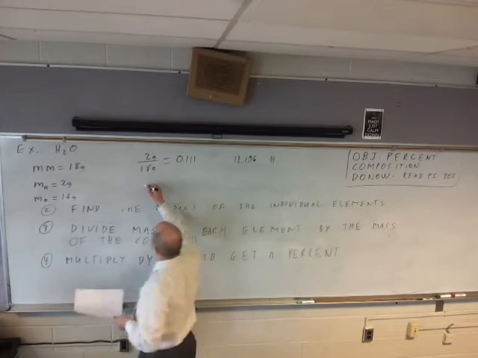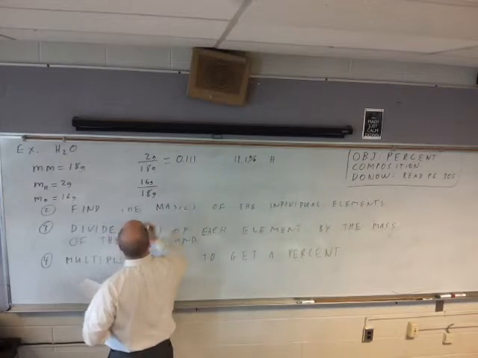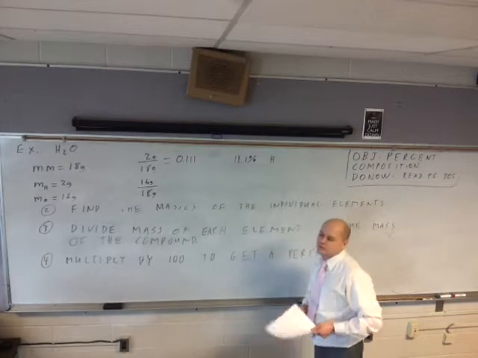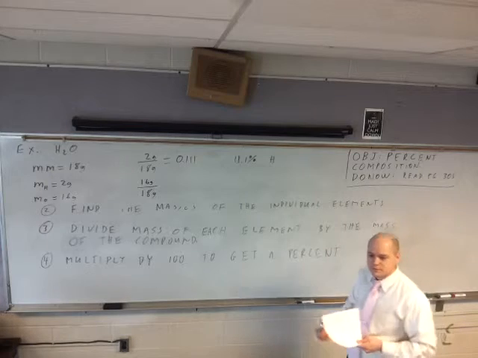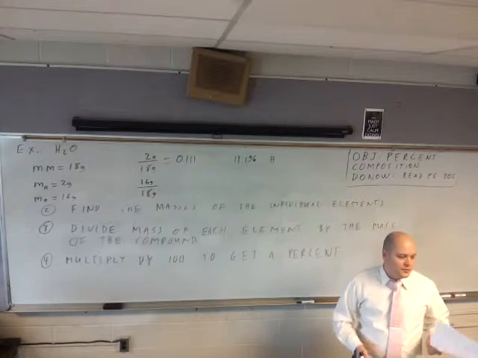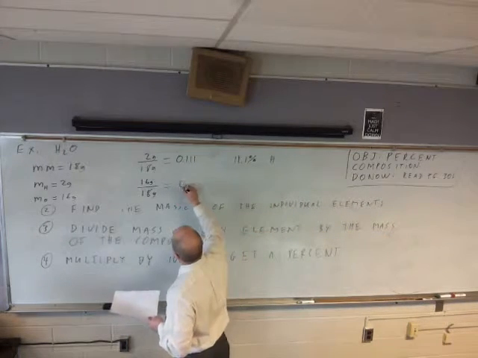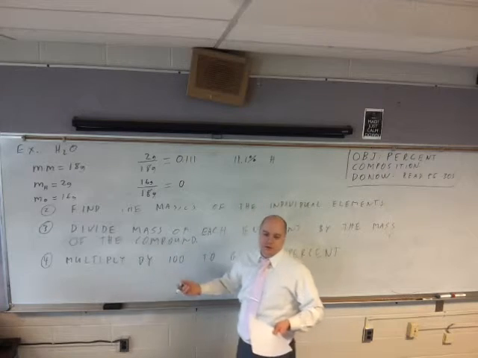Okay, let's do the oxygen. 16 over 18. What's that come out to? It's obviously 8/9, right? So that's going to be 0.8888888888, but the last 8 should be rounded up to a 9, right?